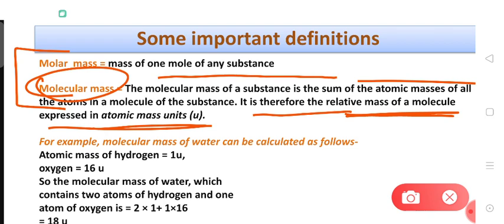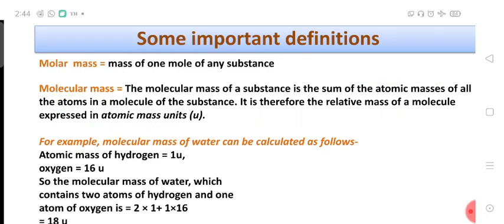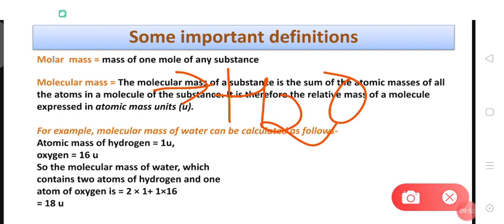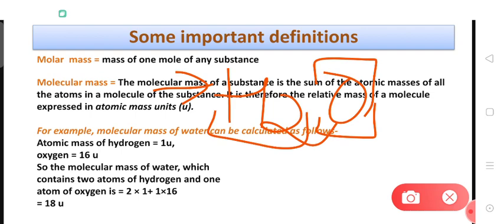So let's calculate the molecular mass of water. We know that water is H2O. The molecule of water has 2 hydrogen atoms and 1 oxygen atom. What we need to do is sum up the masses of all these atoms. The atomic mass of hydrogen is 1, and the atomic mass of oxygen is 16, right?